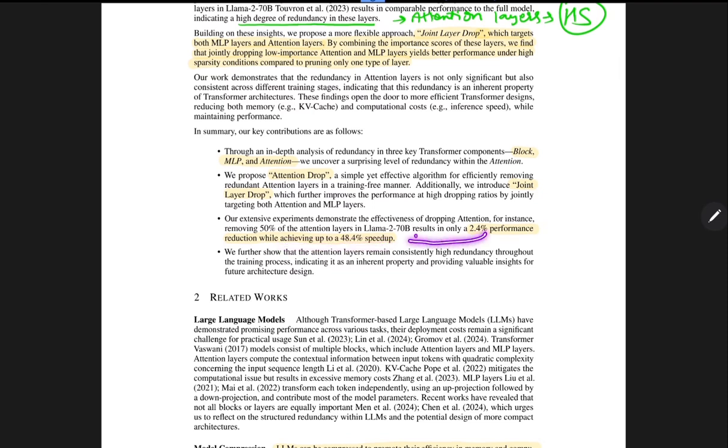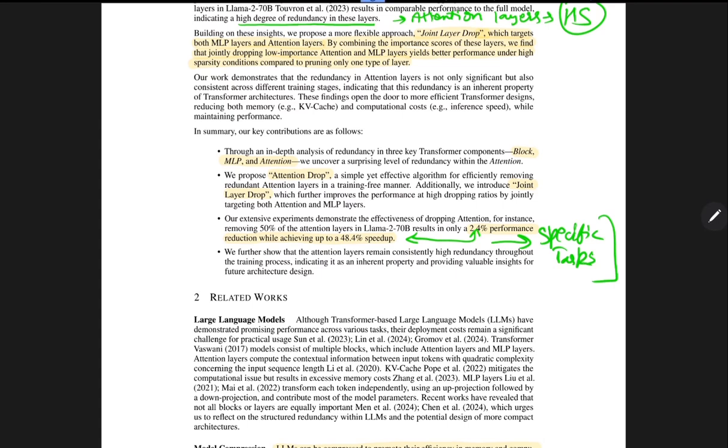This is a good trade-off, because we are degrading by only 2.4% and getting a 48.4% speedup, and most of the time we are working on specific tasks. So it's fine. If we fine-tune our model, we are anyway going to recover this much.